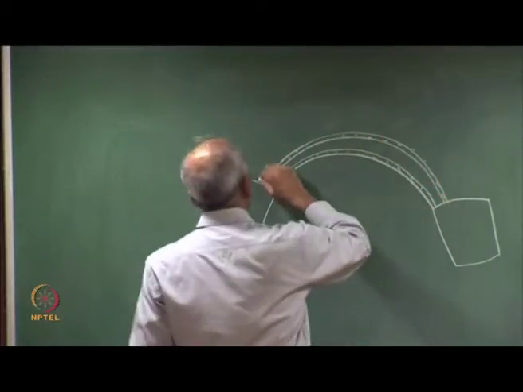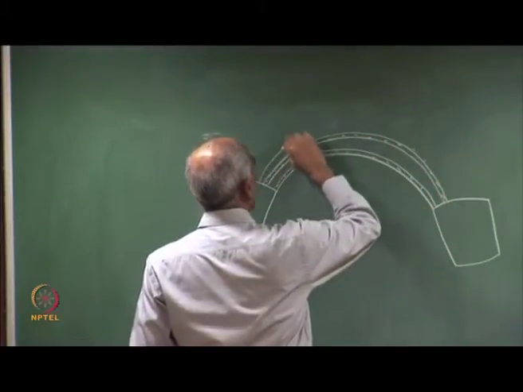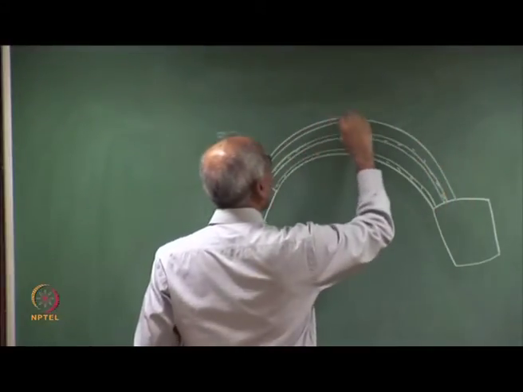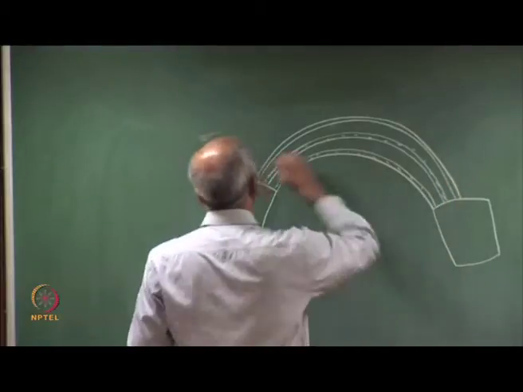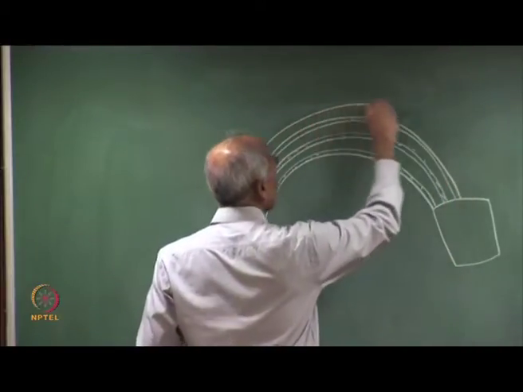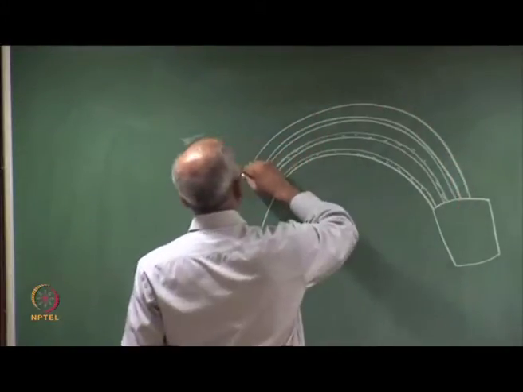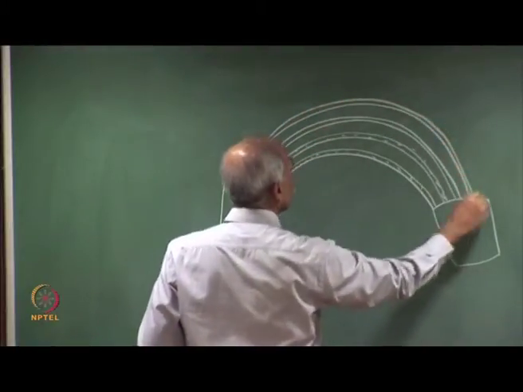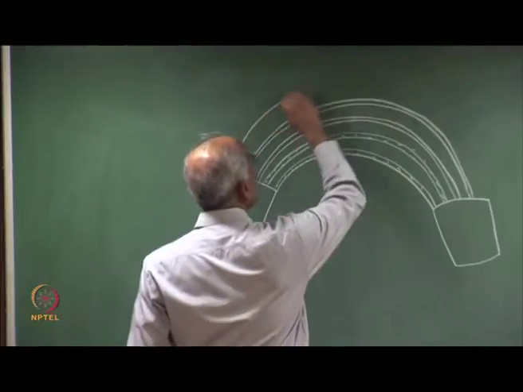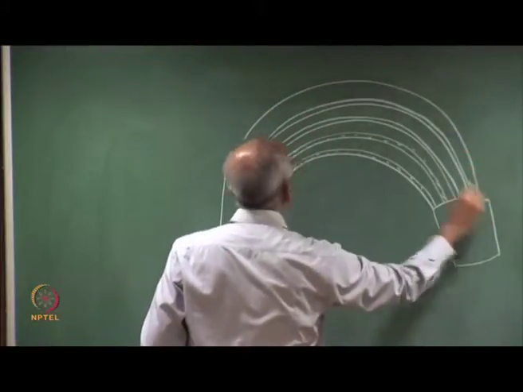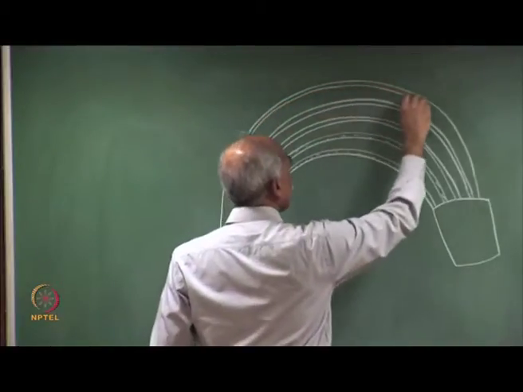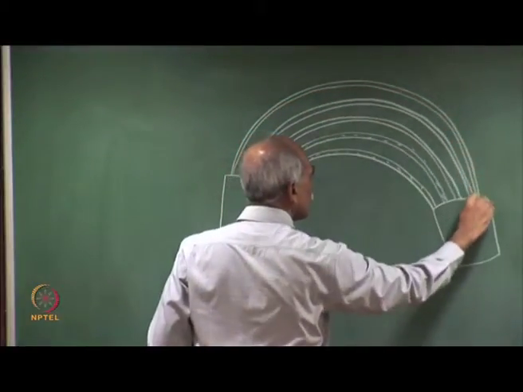An array of waveguides. Let me show all of them without leaving any gap. I think we will have 5 waveguides. The number could be much larger, but I have chosen 5 here just to distinguish.